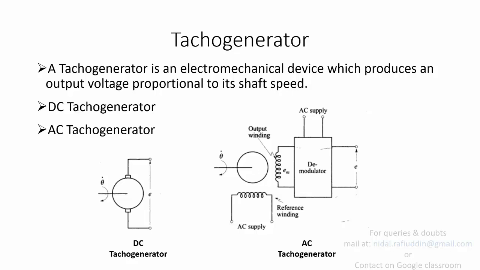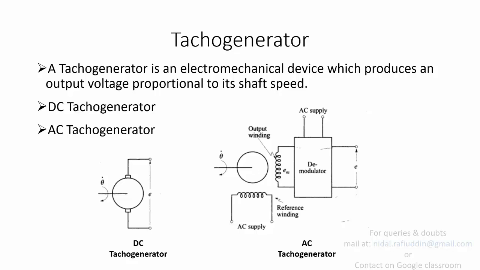And there are two types. One is the DC tacho generator, the other is AC tacho generator. As the name suggests, you will be employing the voltages from these in the form of DC or AC. The figure below shows the two types of tacho generator.